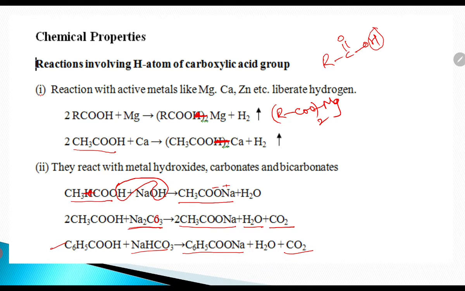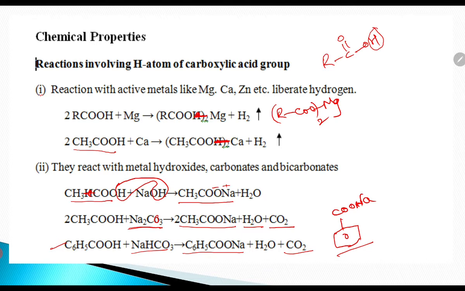When this is treated with sodium bicarbonate, NaHCO3, sodium benzoate is obtained. Here this benzoic acid, when reacted with sodium bicarbonate, has its H replaced by sodium, that is, sodium benzoate is obtained.